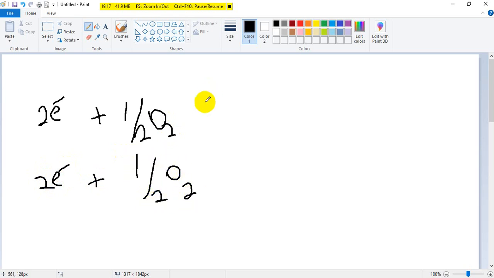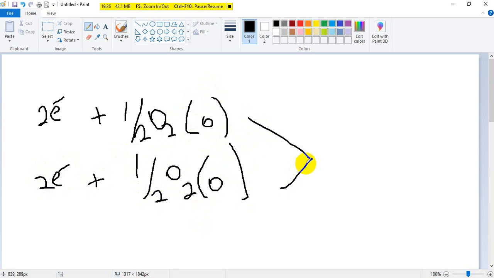Half O2 is the same as 1 oxygen. So the final electron acceptor is molecular oxygen, which will accept 2 electrons.